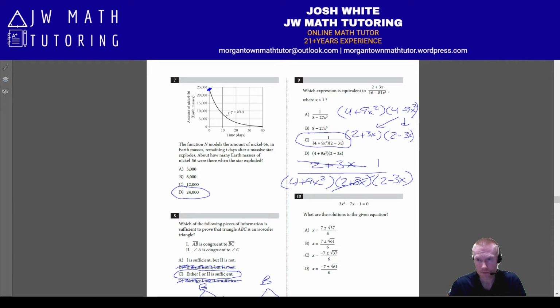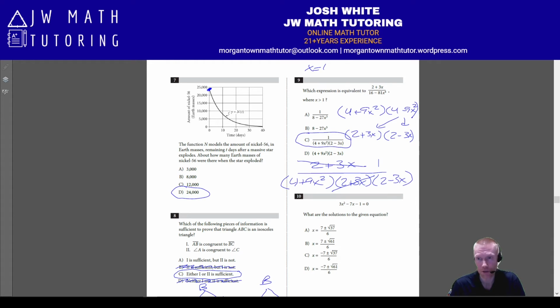One possible way to do that would be to plug in x equals 1. I would not choose x equals 0, because the original one I can just look at right away. It's going to be 2 over 16 or 1 over 8, and you will get multiple correct answers that match with that.